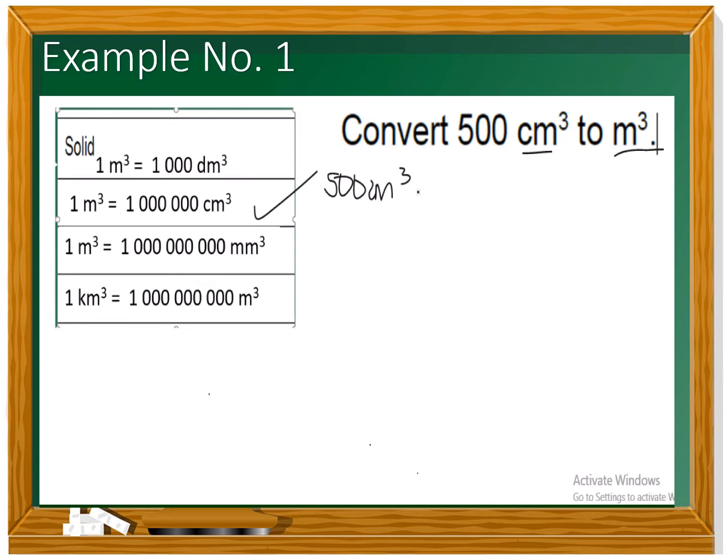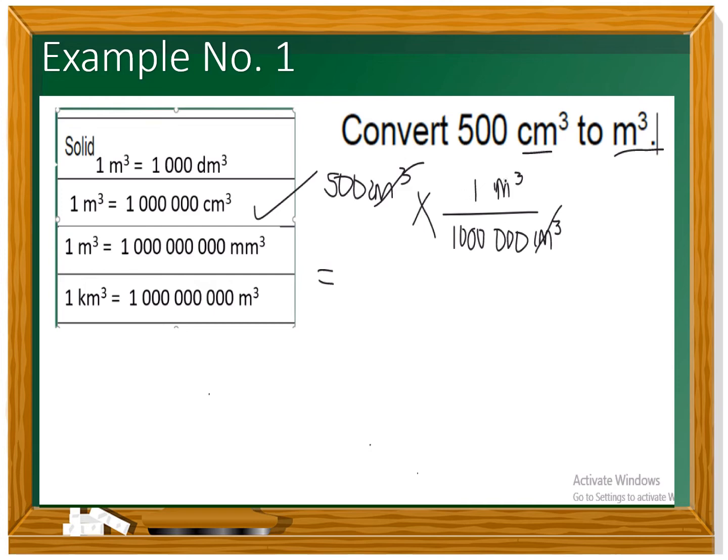Opposite the given value, let us have 1 million cubic centimeters, which is equal to 1 cubic meter. So put it on the upper part. Now let's cancel the value cubic centimeters, and then let's proceed to the indicated operation.